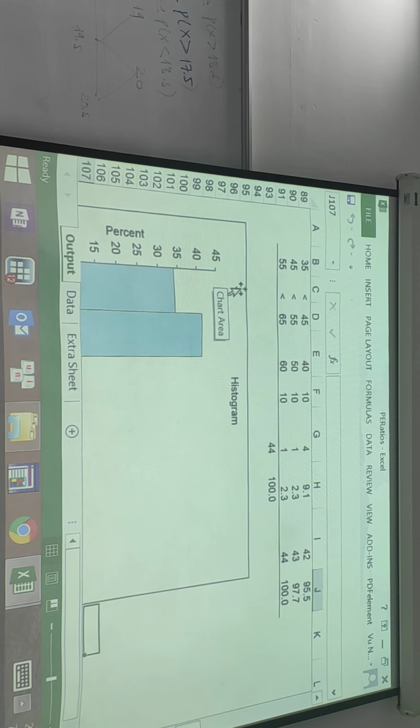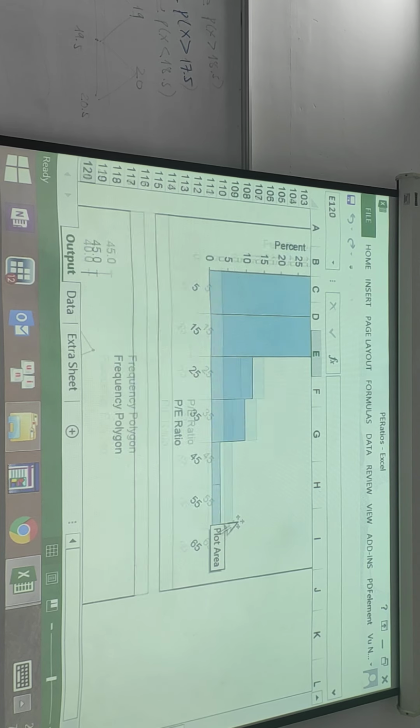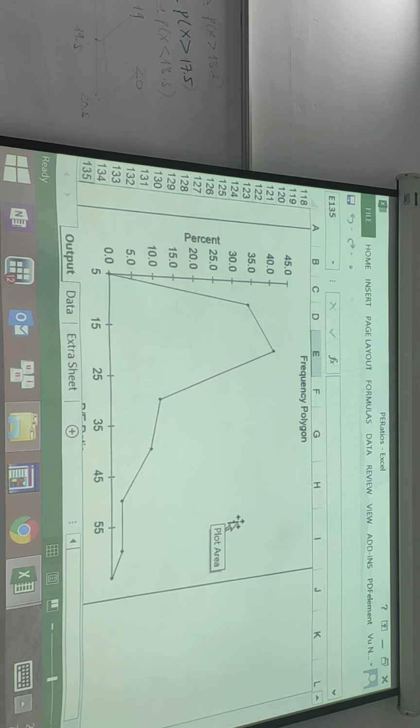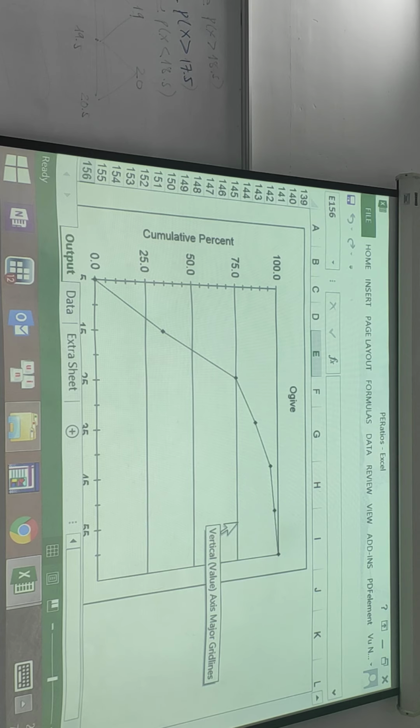Then I have the histogram. Look at the histogram. Tell me, do we have left skew or right skew? Right skew, right? It's consistent with the descriptive statistics that we just computed. And then we connect the tops of the bars together, we have the polygon. And then we have the ogive, right?